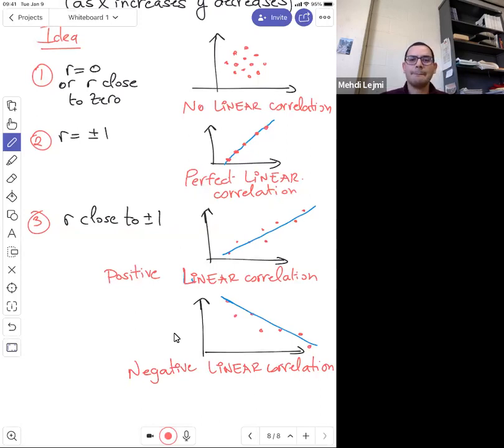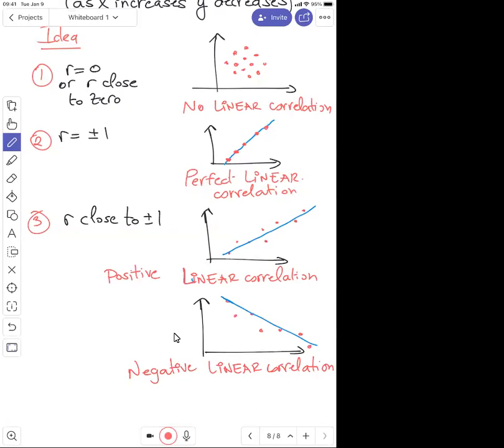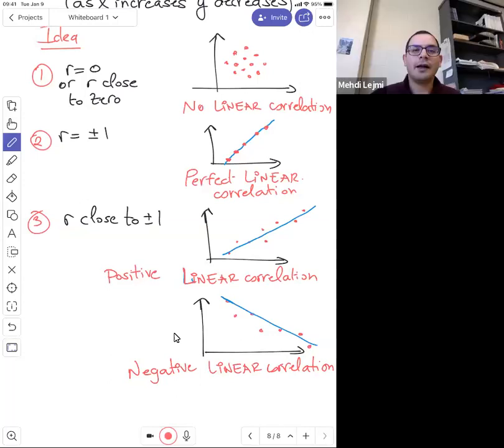How come it's called R if we have the x-axis and the y-axis? Why is it R? Well, from the graph, you can make an educated guess. You take a look at the graph, and if it resembles a line, then you can say you have a linear correlation.